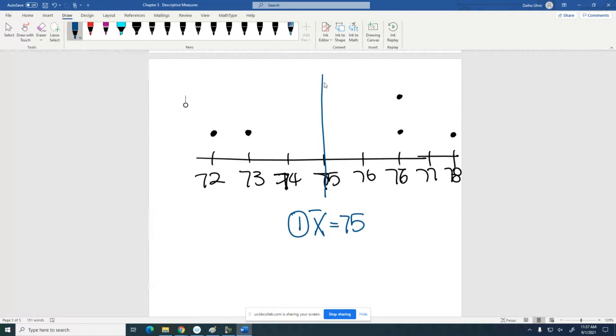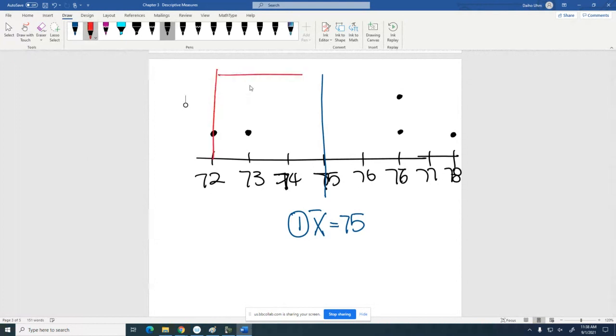Step number 2, what did we do? Take the difference. 72 minus 75, negative 3. 73 minus 75 is negative 2. You know, actually, in math, the difference is the distance.